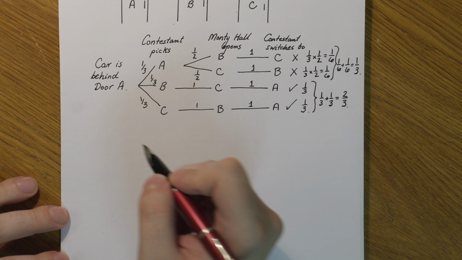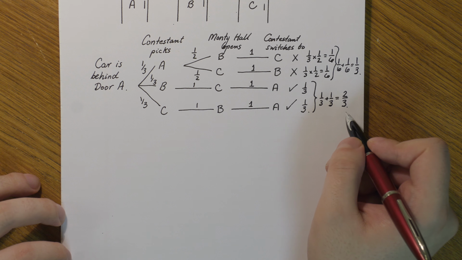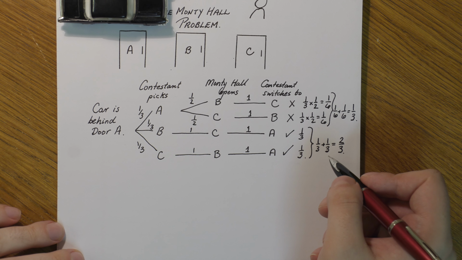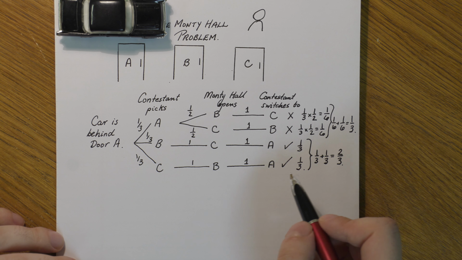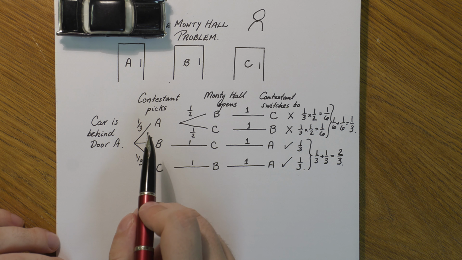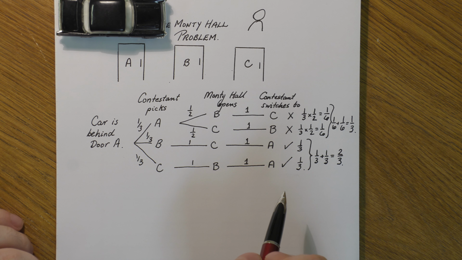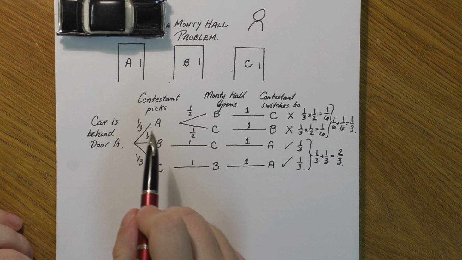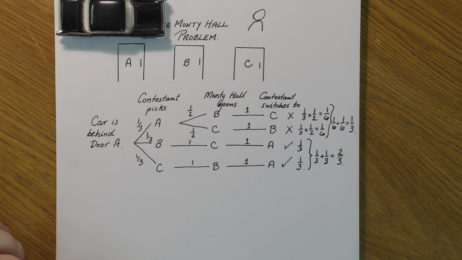So for the contestant winning the car, which is what they wanted, if they picked their door initially and then switched to the other door that isn't opened by Monty Hall, the probability of them winning is 2/3, compared to 1/3 if the contestant stuck with their original door selection. And that's the Monty Hall problem.